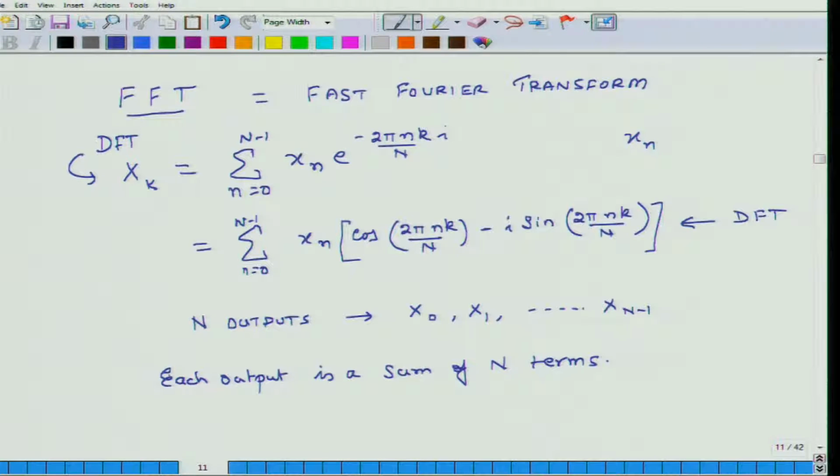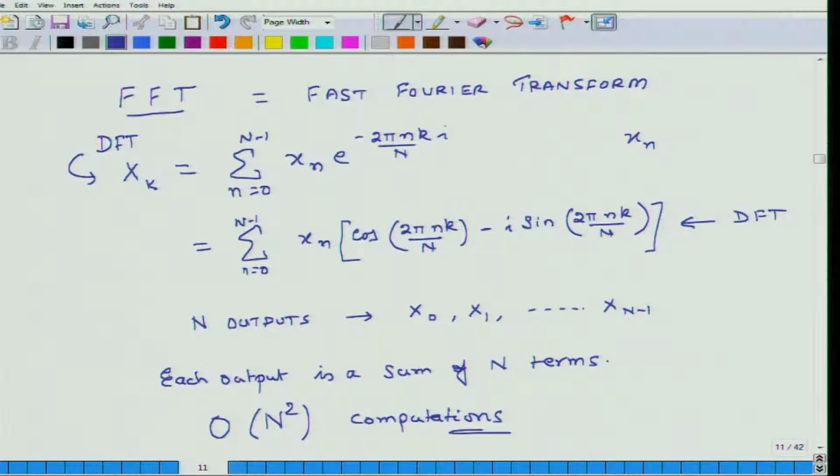So, essentially when you do this whole computation for N different outputs, you have to do something like N squared computations, and it is not an exact N squared thing. It is something whose order is N squared computations. So, it is a very intensive process.